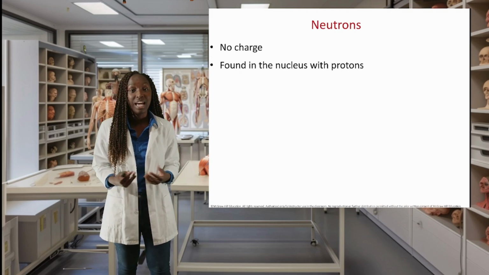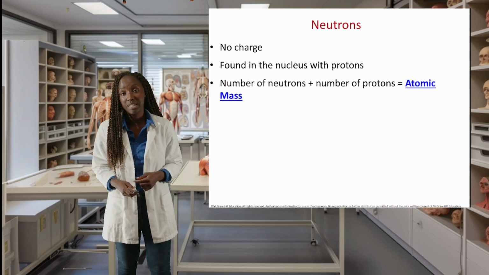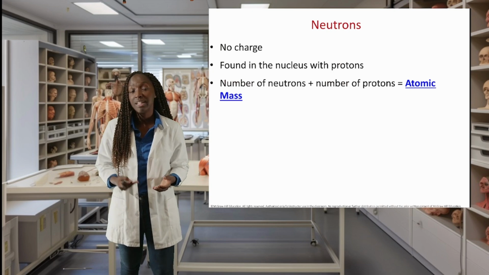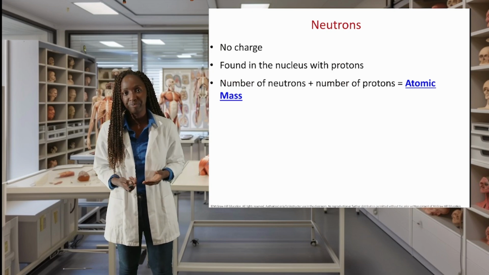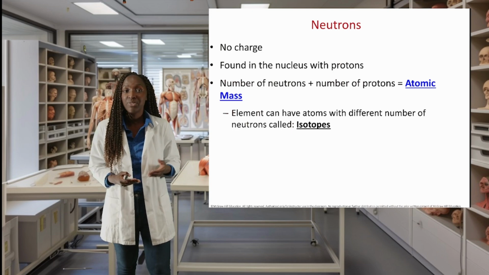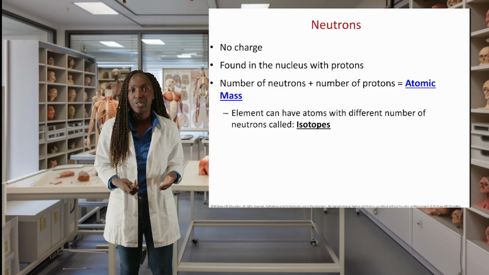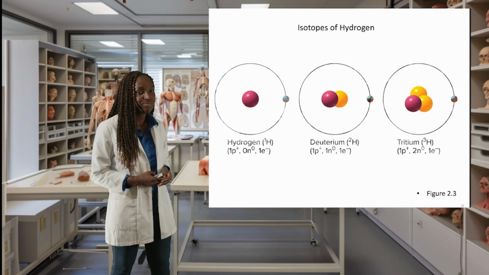Neutrons, on the other hand, have no charge. They're neutral. They're found in the nucleus with the positive protons. Now, we can calculate our atomic mass by taking the number of neutrons plus the number of protons and putting them together. However, different elements can have a different number of neutrons, and we call those differences isotopes. Let's look at the isotopes of hydrogen.